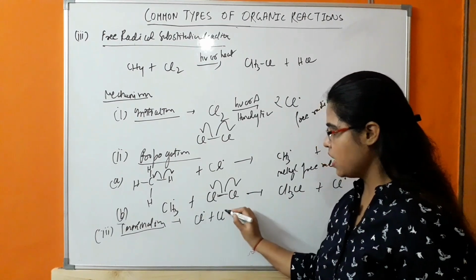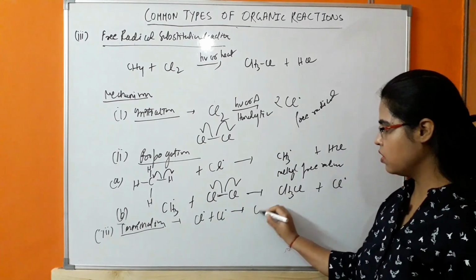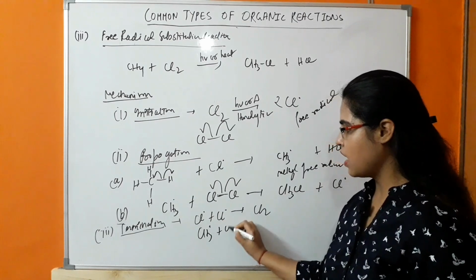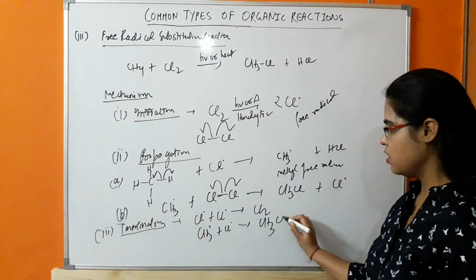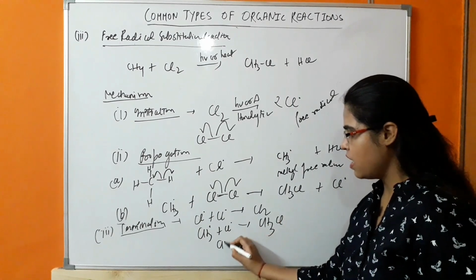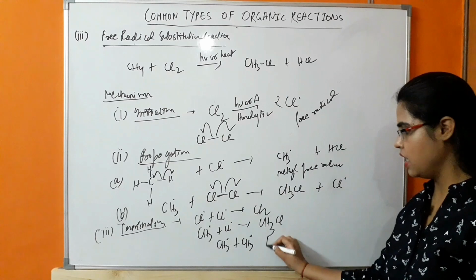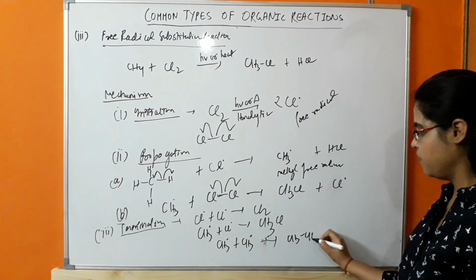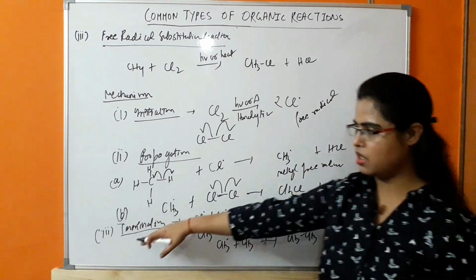So chlorine free radical can combine with chlorine free radical to form Cl2. Methyl free radical can combine with chlorine free radical to form CH3Cl. Methyl free radical can combine with CH3 free radical, methyl itself, to give ethane. So these are the byproducts which are obtained by termination.